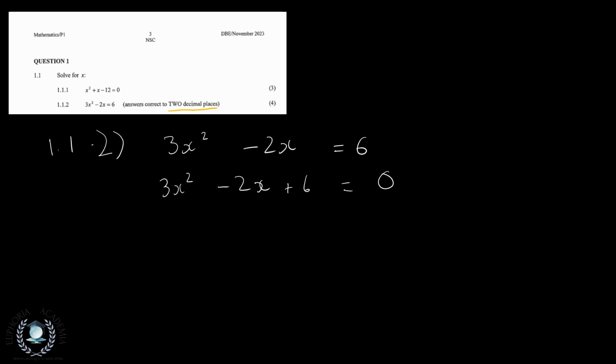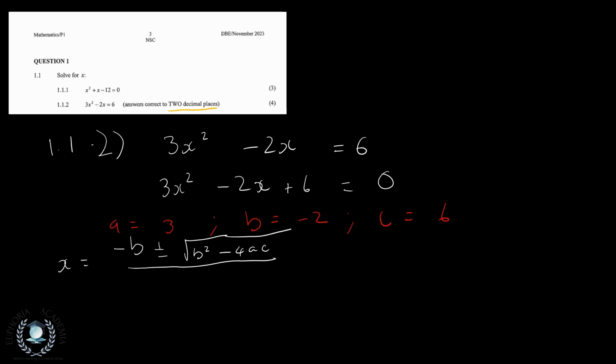All right, now variables of our quadratic equation, we know that a will be equal to 3, we know that b is going to be equal to minus 2, c is going to be equal to 6. All right, now we're just going to write the quadratic equation, which will be x is equal to minus b plus or minus the square root of b squared minus 4ac, and everything is divided by 2a. All right, let's go ahead and substitute. We have minus 2 in brackets.